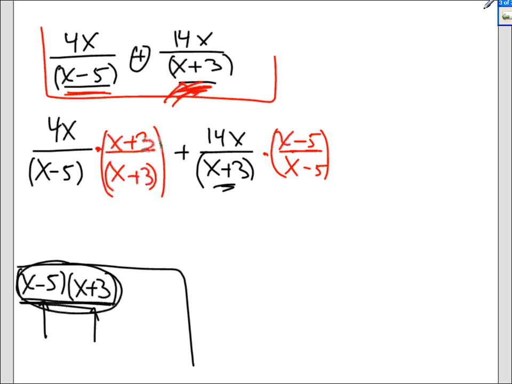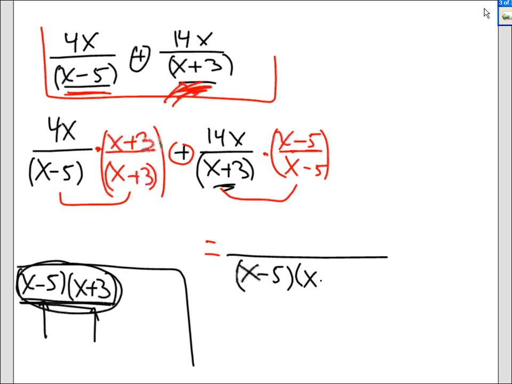Alright, so now I'm adding two fractions. They both have the same denominator. You should not multiply out the denominators. Just leave it as x minus 5 times x plus 3. The numerator is this numerator plus this numerator.